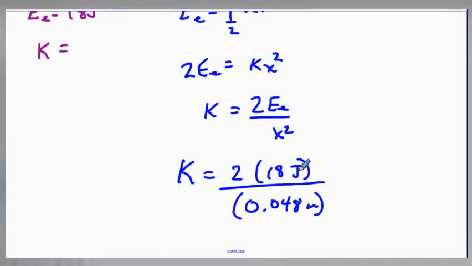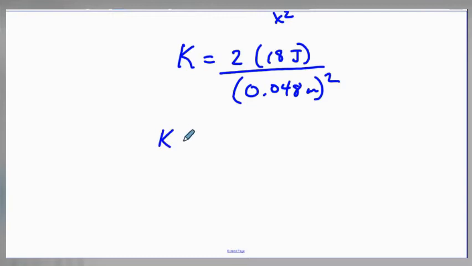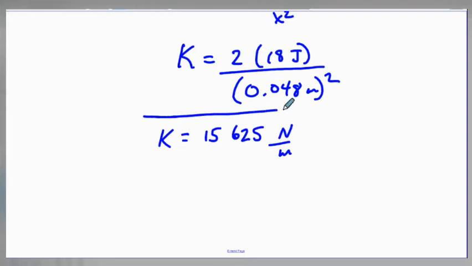Be careful with that squared value. So that's 2 times 18, that's 36, divided by 0.048 squared. This one has a really big k value, 15,625 newtons per meter.